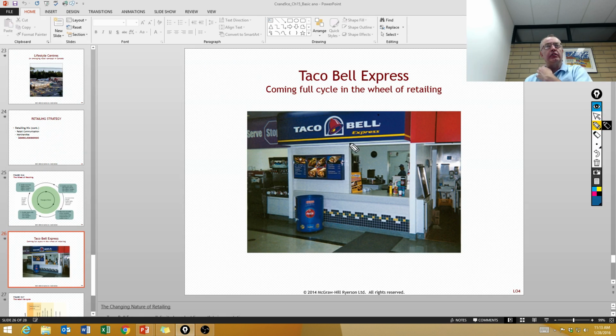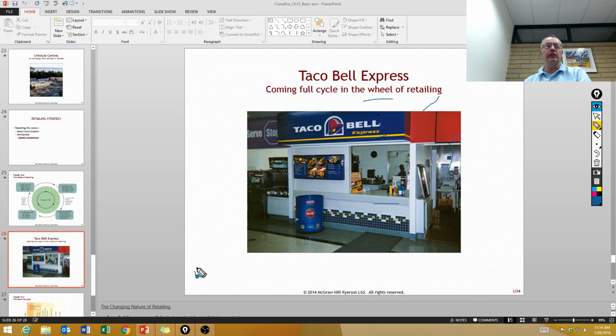And this Taco Bell Express, it's another retailer that's starting off in the bottom right-hand corner, so low status. I mean, they're selling their food products inside gasoline stations, I think. And so it's a very small restaurant, and they're starting off with a limited product line. So they're kind of low man on the totem pole, but maybe over time they would expand.